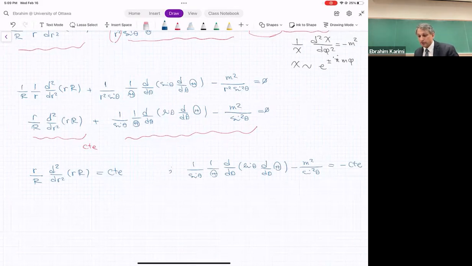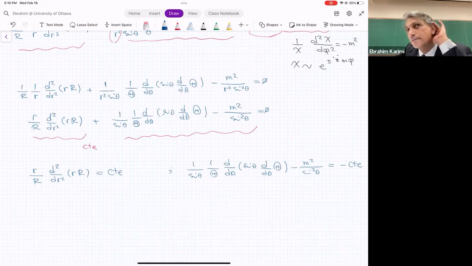How do you solve the first equation? How about separating the derivative? Separation of the derivatives.